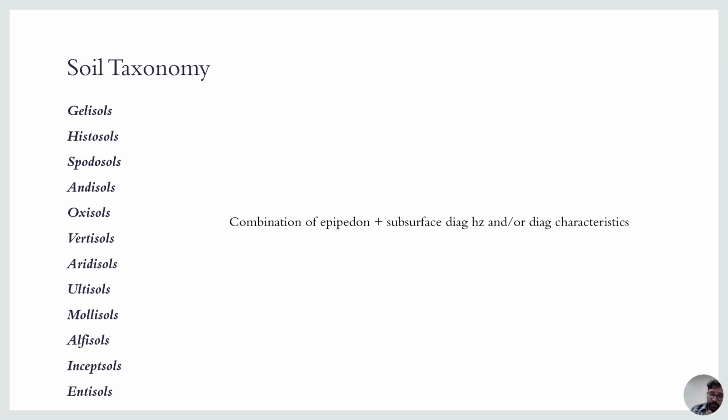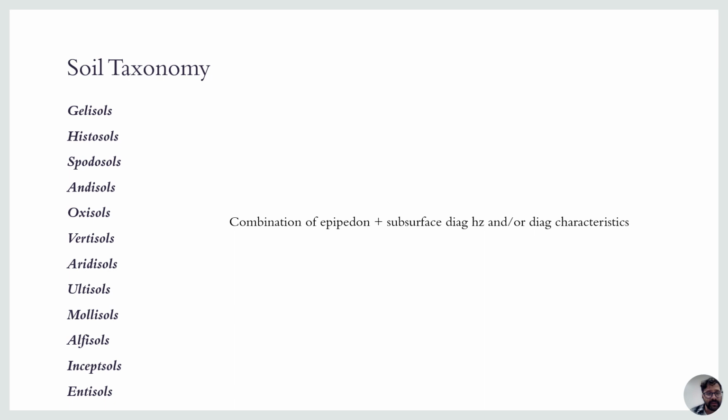The histosols are those soils with thick organic layers or horizons, and the spodosols are those soils that express clay migration and concentration in subsurface horizons. But in this case, we have migration of organic matter and iron and aluminum oxides.